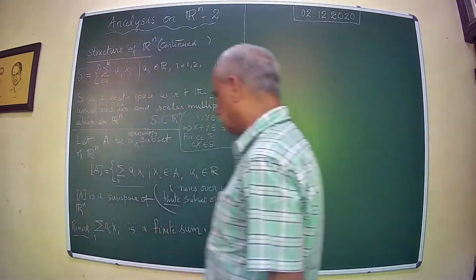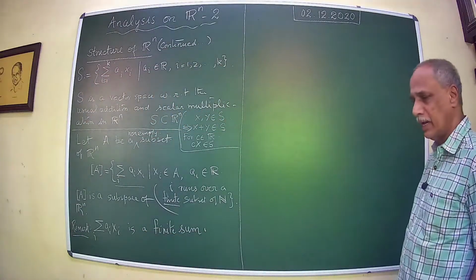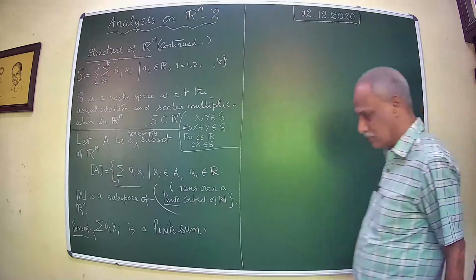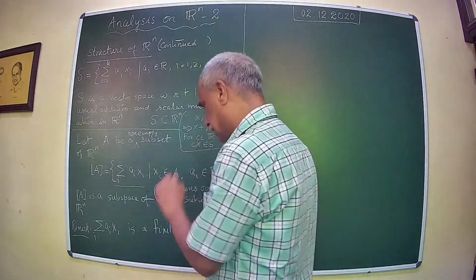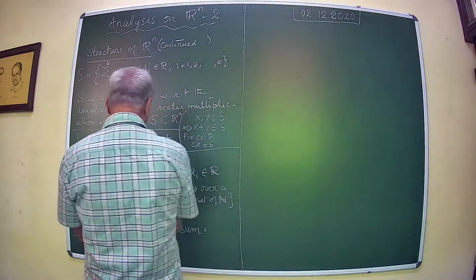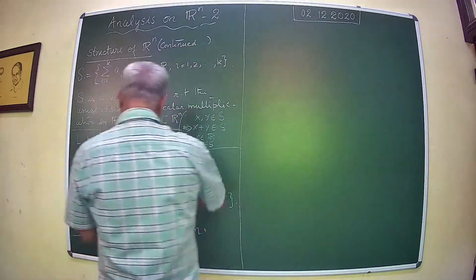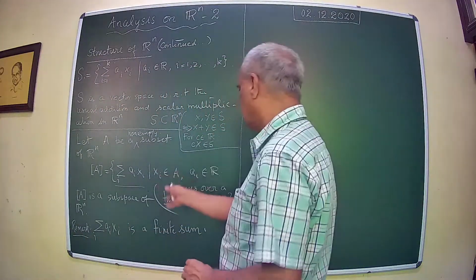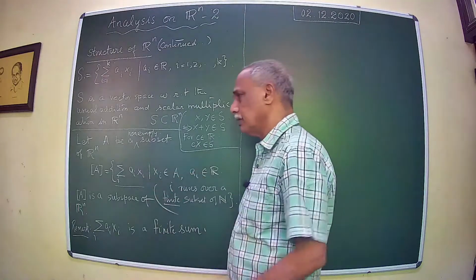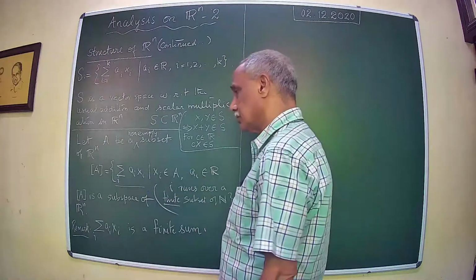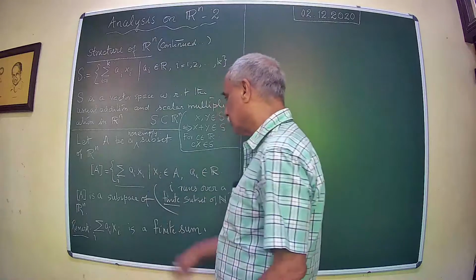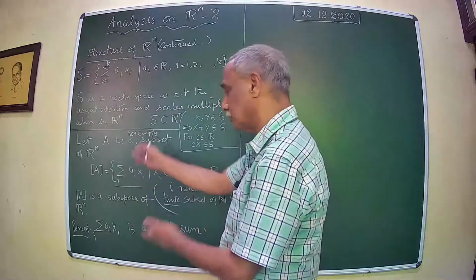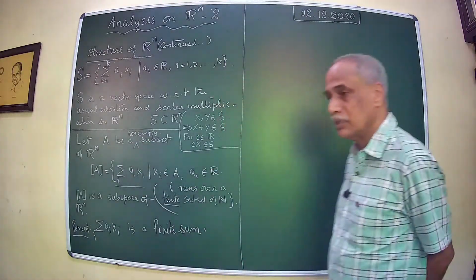That way you can use a very nice notation of this kind. Pick a finite number of elements from A. It's not a fixed number, some finite collection. So all the possible sums of this kind, you take this collection.